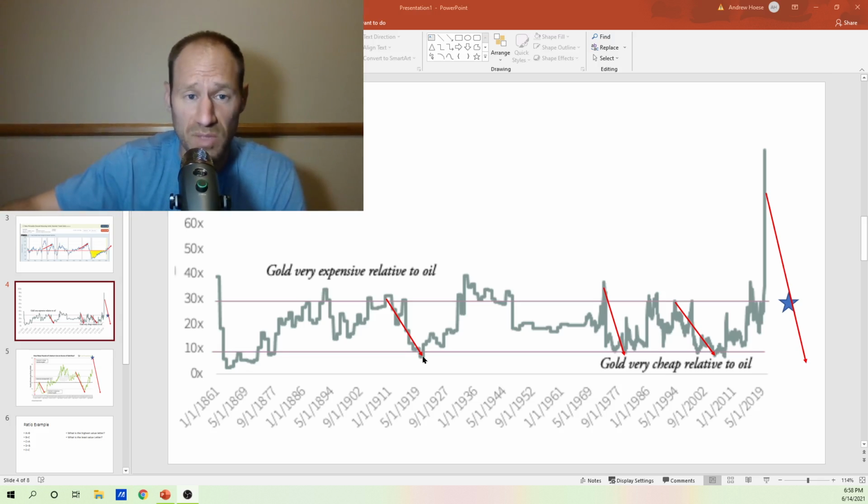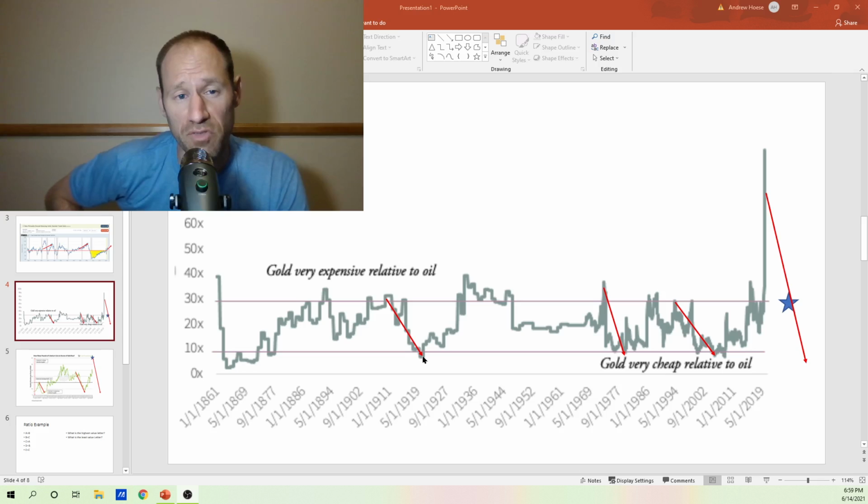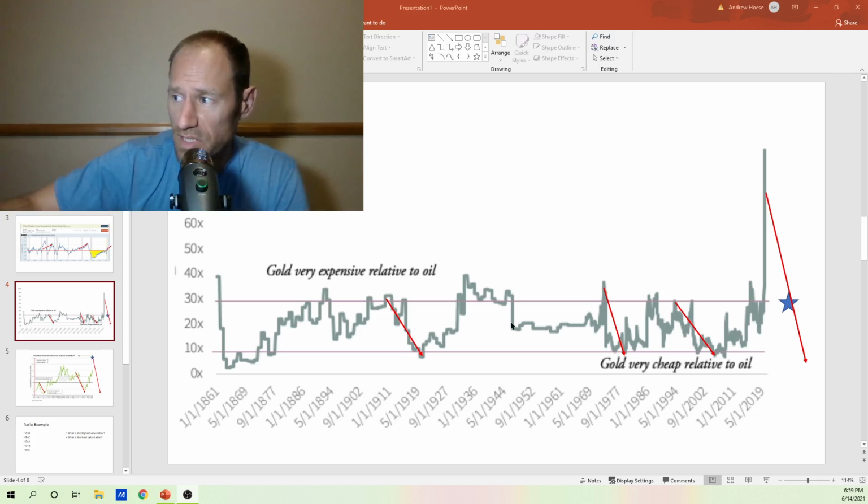I'm not saying it's going to be easy. You're going to have to know this inside and out to have the conviction to hold on. This ride here went all the way down and it popped up and then eventually went lower. There's movements in here that you could potentially want to sell out. It's not going to be an easy ride.